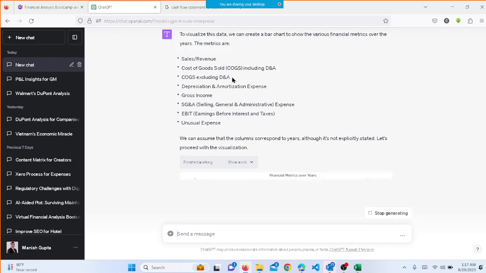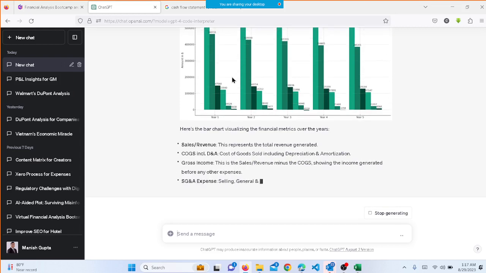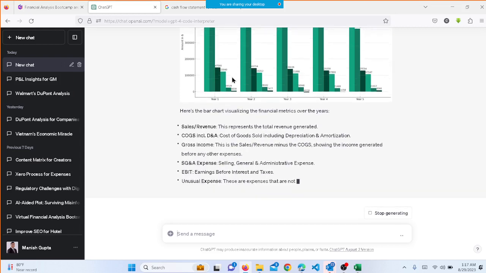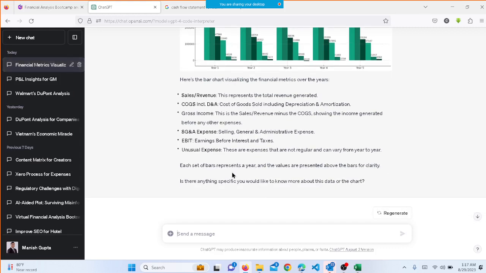So, for example, here it has calculated a bar chart of all on the same, right? Now, do we want everything on the same? Maybe not. So that's why it has now calculated all on the same. So we could ask it, can I get only sales growth rates in the form of a line chart, with color.